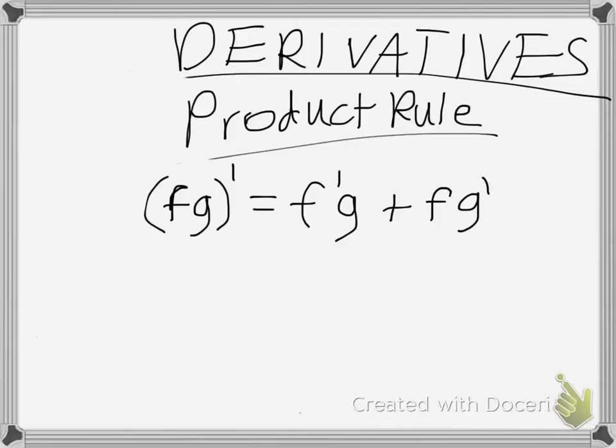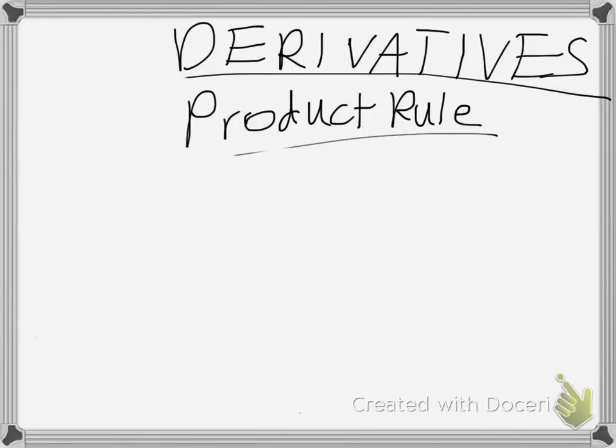So the derivative of the first function times the second function plus the first function times the derivative of the second function. That's the product rule. And now we're going to go over the quotient rule.